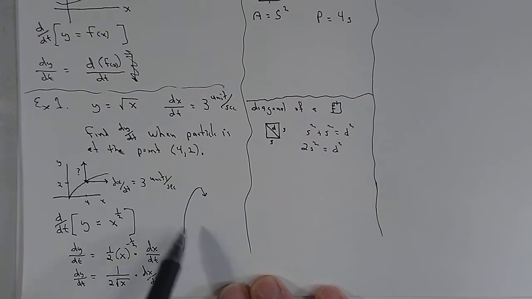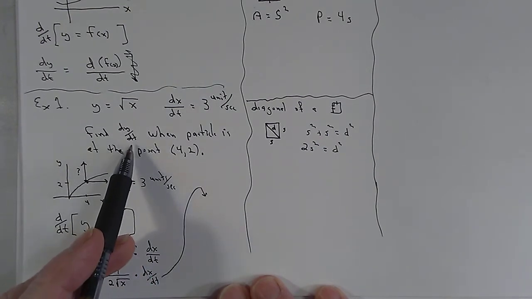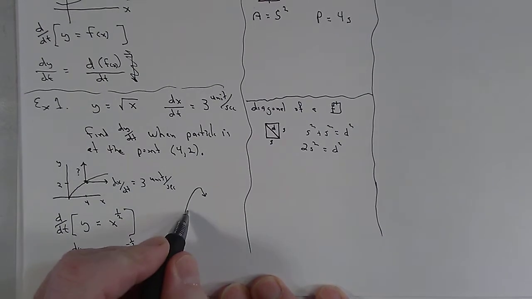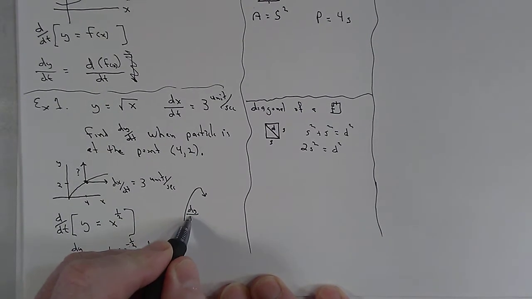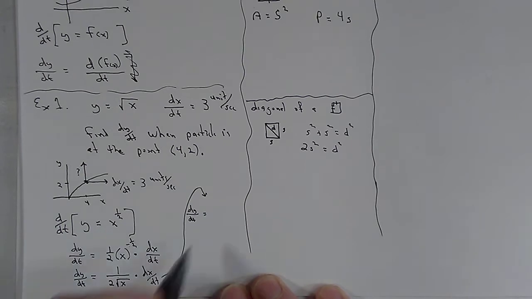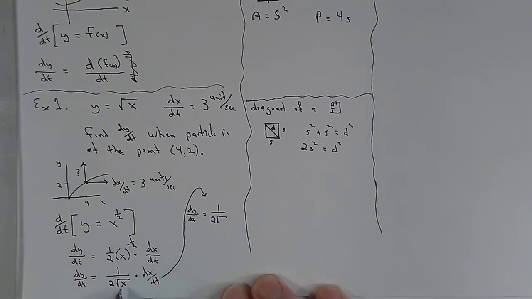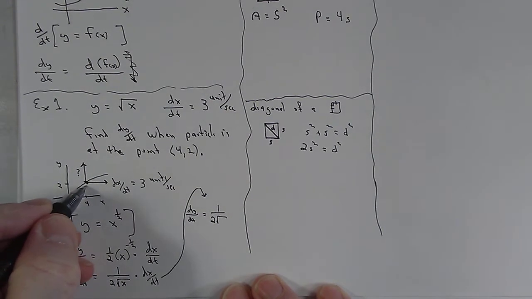We want to find dy/dt at this point. So dy/dt equals 1 over 2 times the square root of x. Now x is where the particle is.